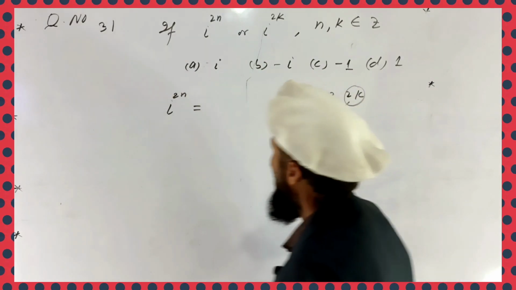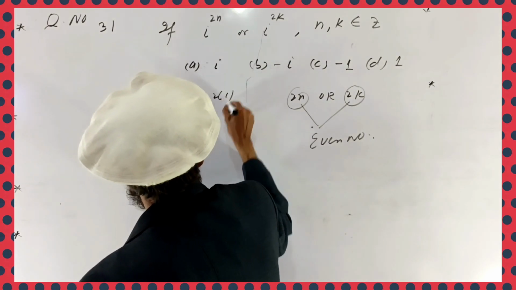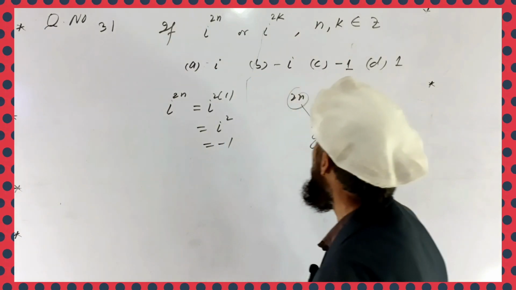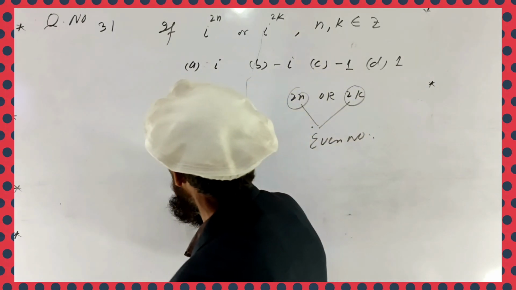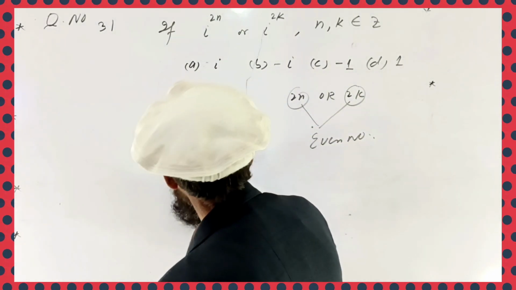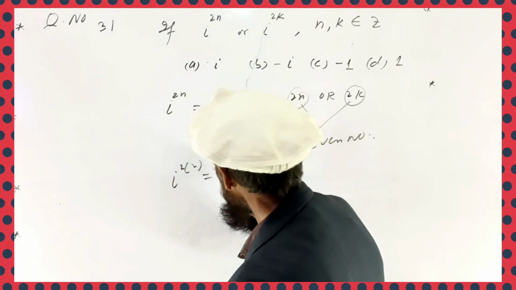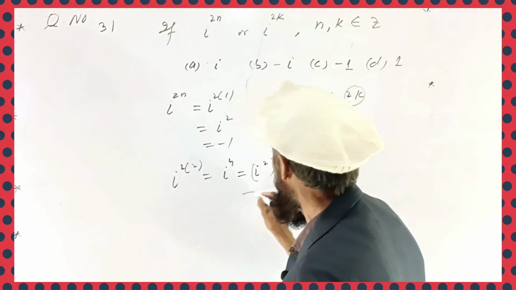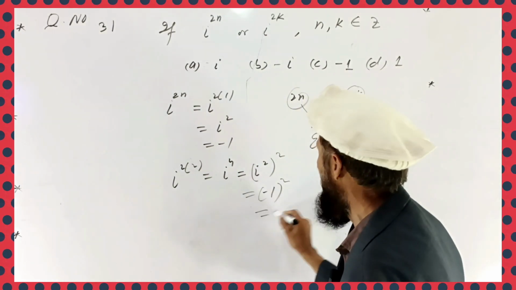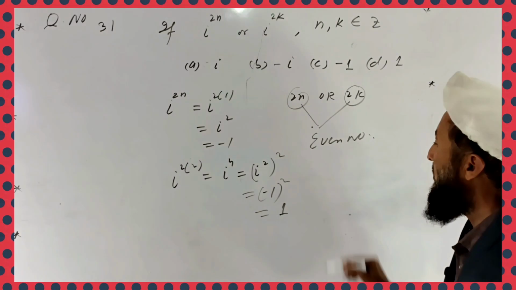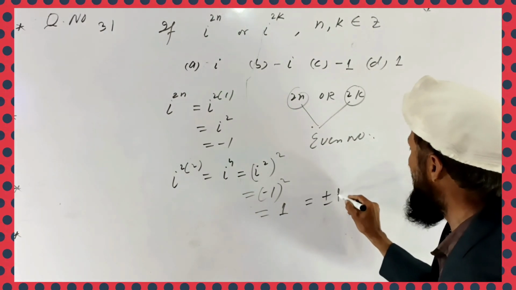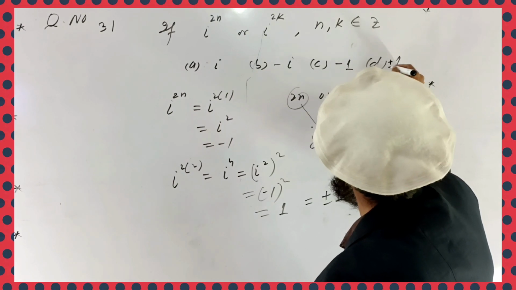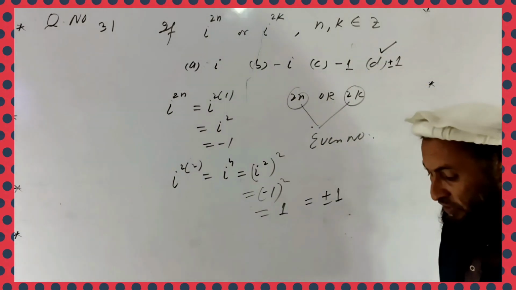If we put iota to the power 2 into 1, we get iota square, which is equal to minus 1. Similarly, if we put iota to the power 2 into 2, the result is iota to the power 4, which is iota square squared, minus 1 squared, equal to plus 1. So we write plus minus 1 here. The correct answer is D.